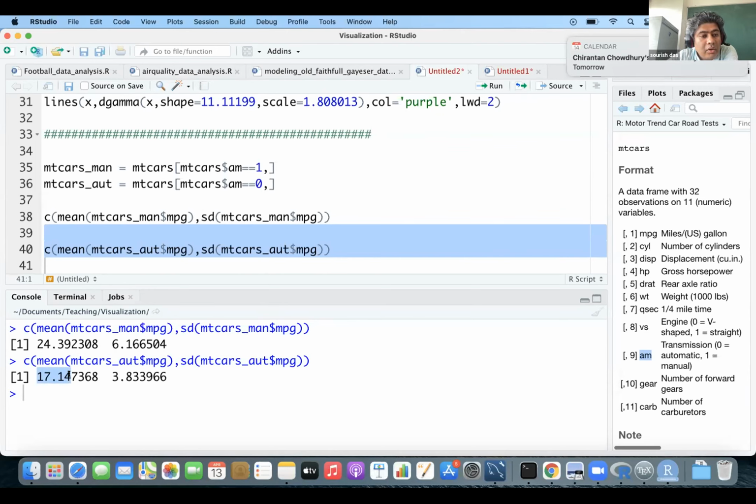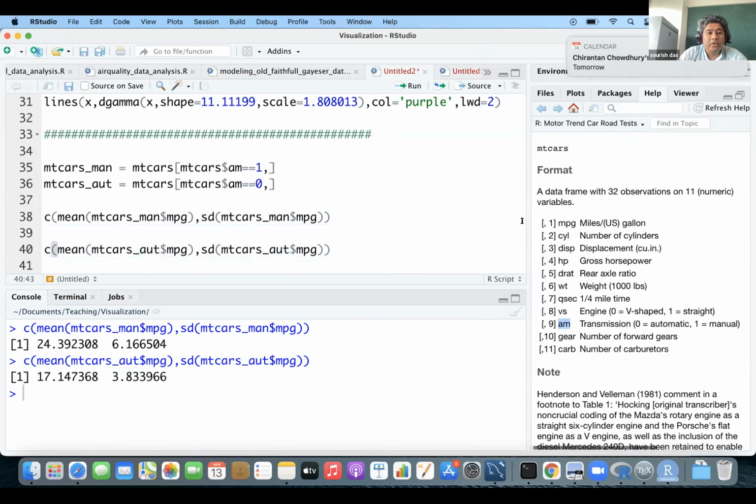Okay. There is a bit of difference in the variability also. So looks like there is a significant difference in the behavior of automatic transmission and manual transmission. Is there a distributional difference also? So let us check it out.